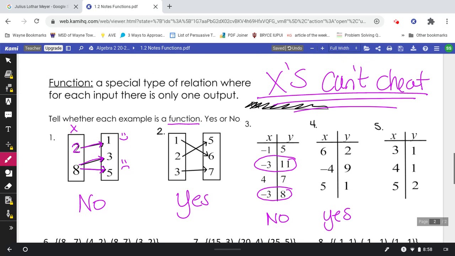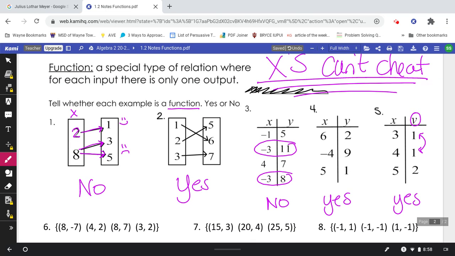So remember our rule that the X's can't cheat. So oftentimes people will say, oh, look, the 1 is cheating, right? Yes, but the 1 is a Y. And mathematically, the Y's are allowed to cheat. The X's can't be cheating. Okay? So this is still a yes.